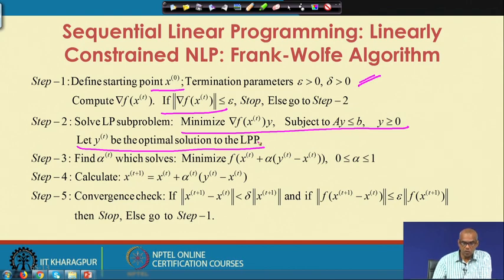Then we do some line search, find alpha, which minimizes f of x_t plus alpha into (y minus x_t), where alpha is a number between 0 and 1. Then we get the estimate of next x_t, which is x_{t+1}, as x_{t+1} equal to x_t plus alpha_t into (y_t minus x_t).